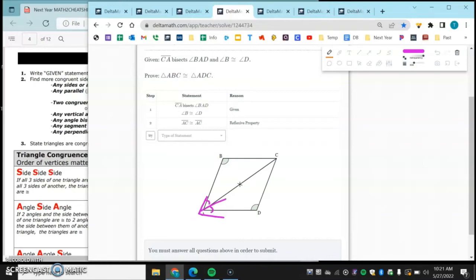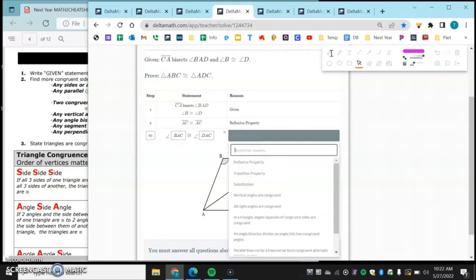So those two angles have to be equal to each other because it bisects. Let's write what those two angles are. BAC and DAC are the congruent angles. And again, the reason we knew that was because it said that it bisects.